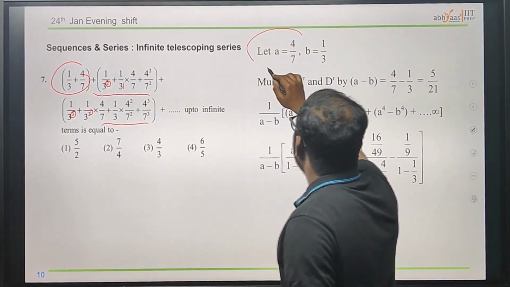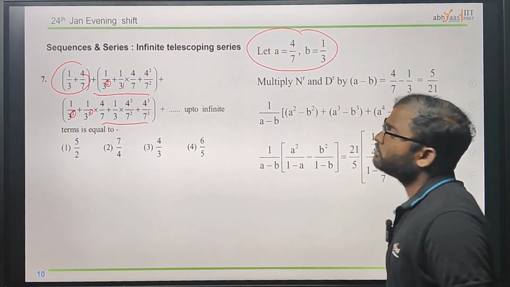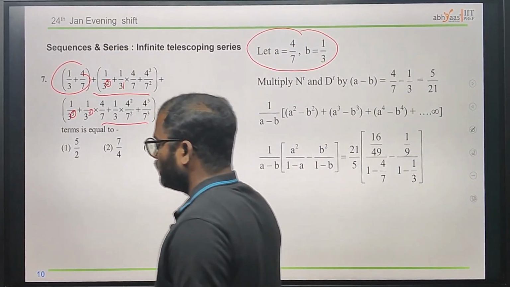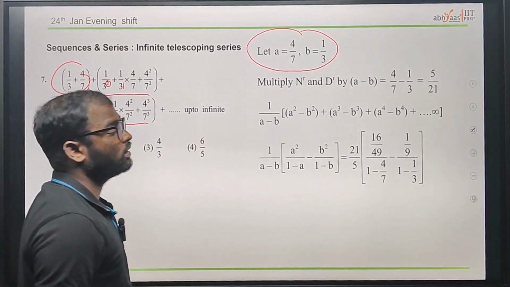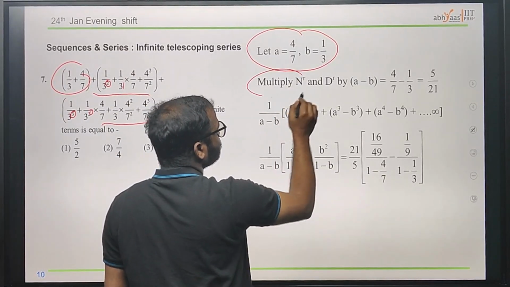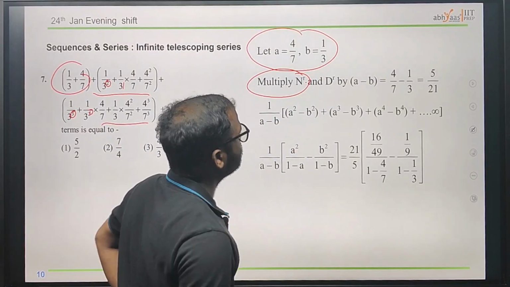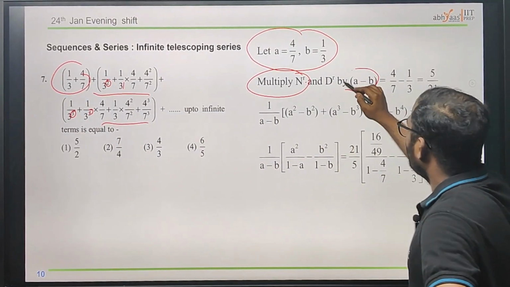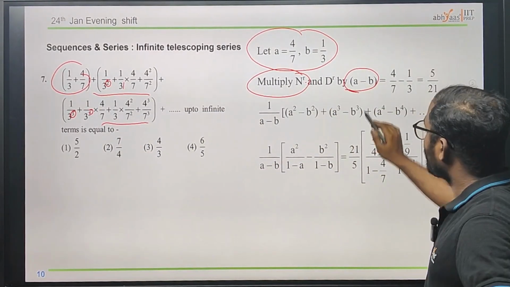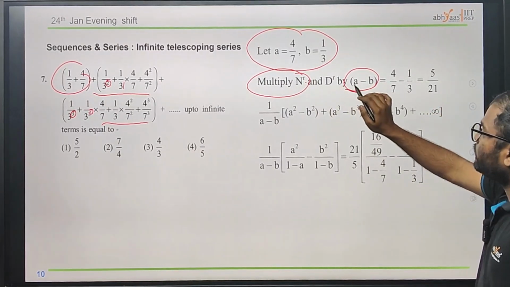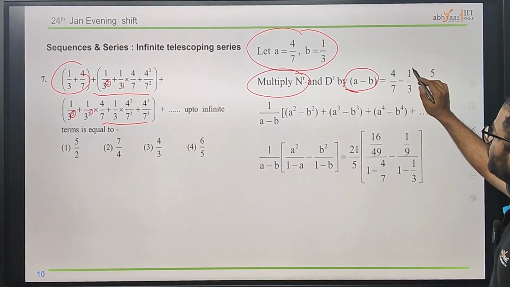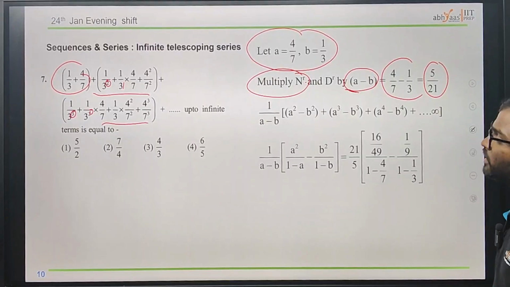Just take a equal to 4 by 7, b equal to 1 by 3. Let a equal to 4 by 7, b equal to 1 by 3. We multiply with n power r and d power r, numerator and denominator, divided by a minus b, which gives us 5 by 21.